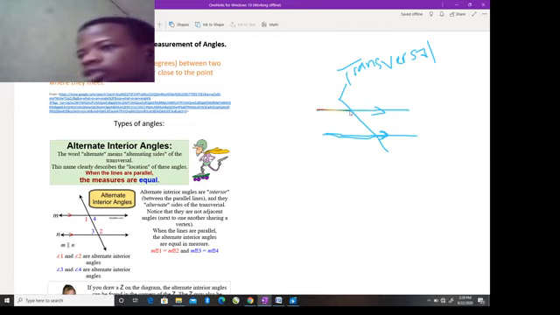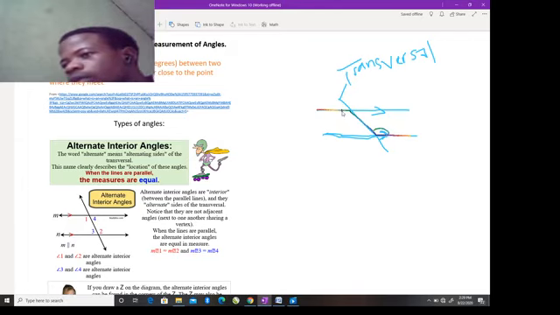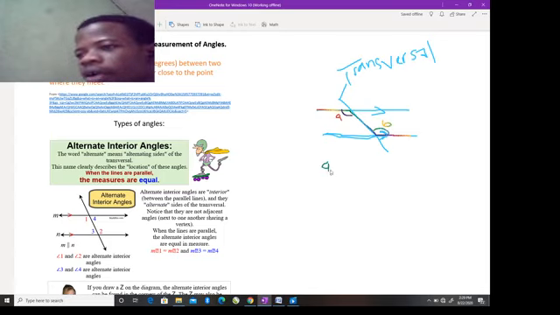I don't know if you can see the Z. This is the Z I'm talking about. Can you see the direction? So where are they alternating? I can call this A and this B, but A will be equal to B. Why? Because they are alternate angles.